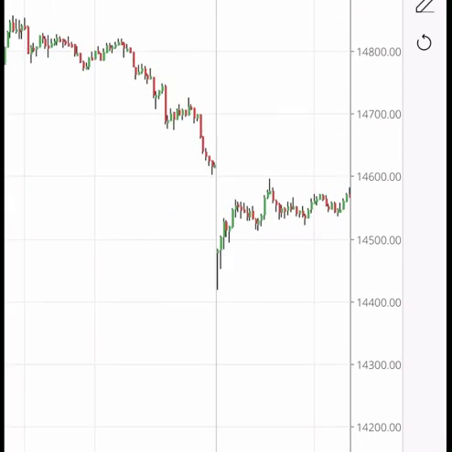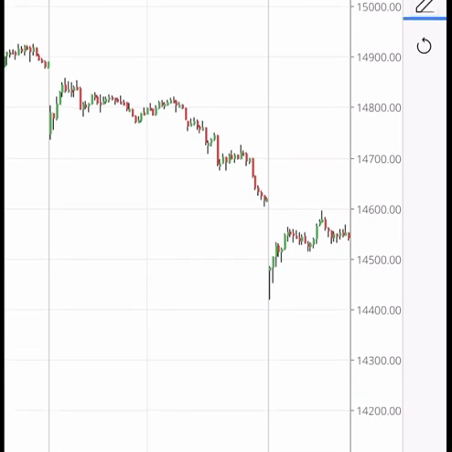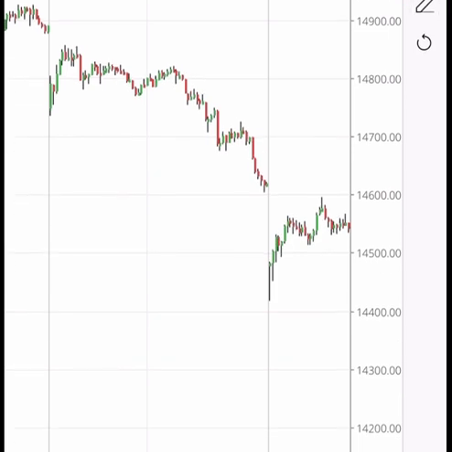Yes, on this day also, on 3rd of May, the market opened gap down with a small green candle and the market opened below the closing price of 30 April.